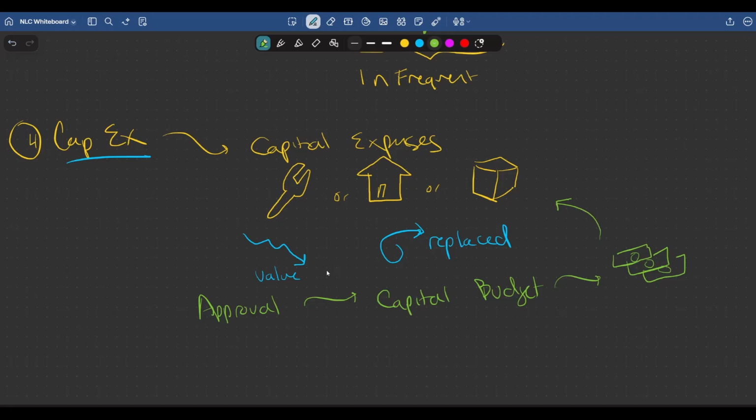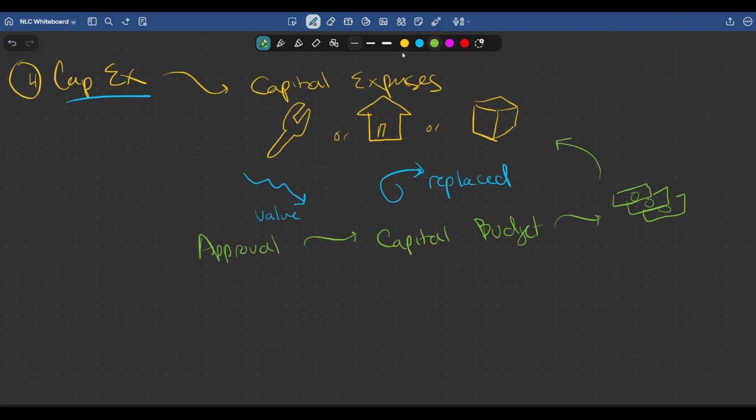So many organizations have a dollar amount threshold that they'll say is anything over this amount is a capital expense and has to go through the approval process, right? But it's important to understand that even if that's the case, it's the nature of the purchase, not the dollar amount, that determines if it's a capital expense.